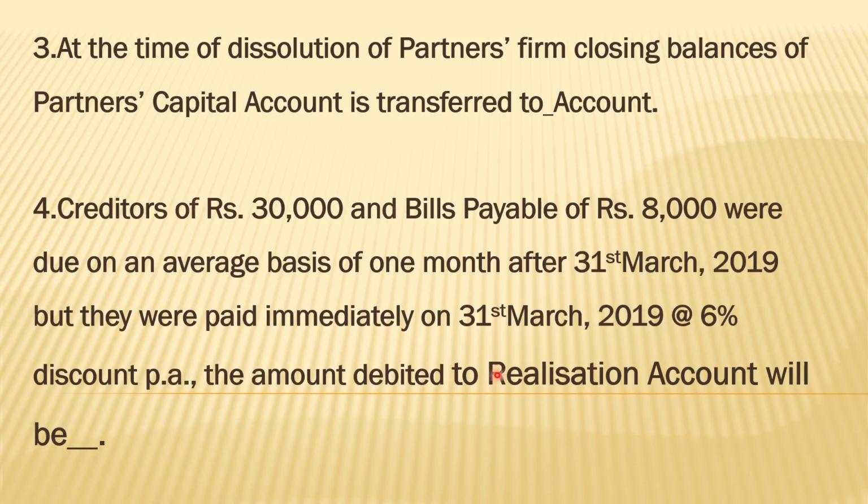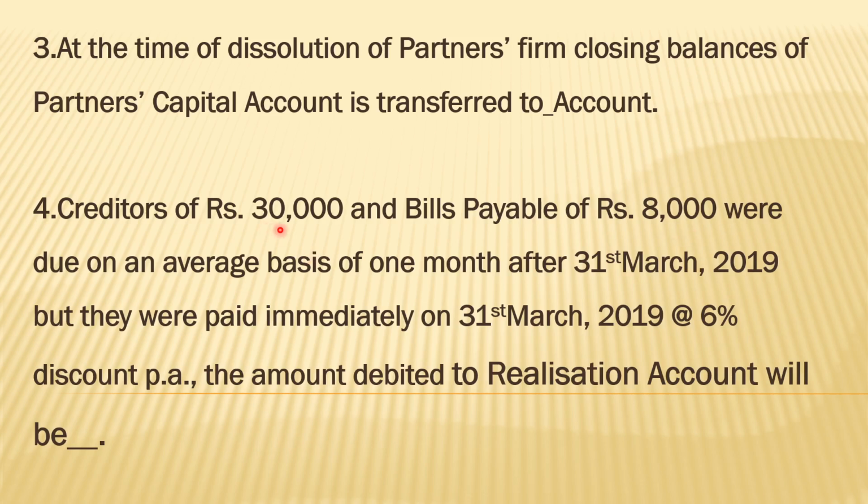So 30,000 into 6% into 1 by 12, whatever amount comes, you have to subtract from there, and that will be the net amount to be paid to the creditors. Exactly the same for bills payable: 8,000 into 6% into 1 by 12, that is 1 month's discount. After calculating that amount, we have to deduct it from the 8,000, and the net amount we have to show as payment of creditors.